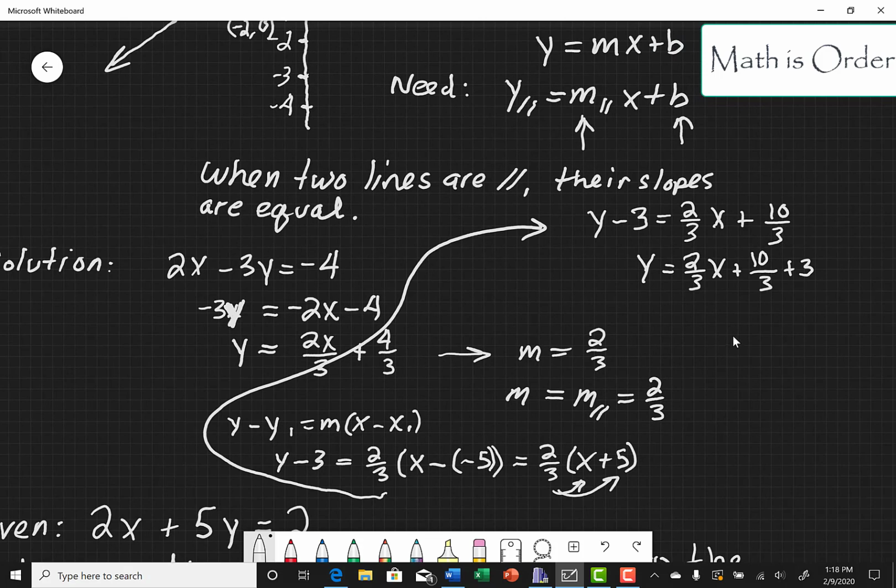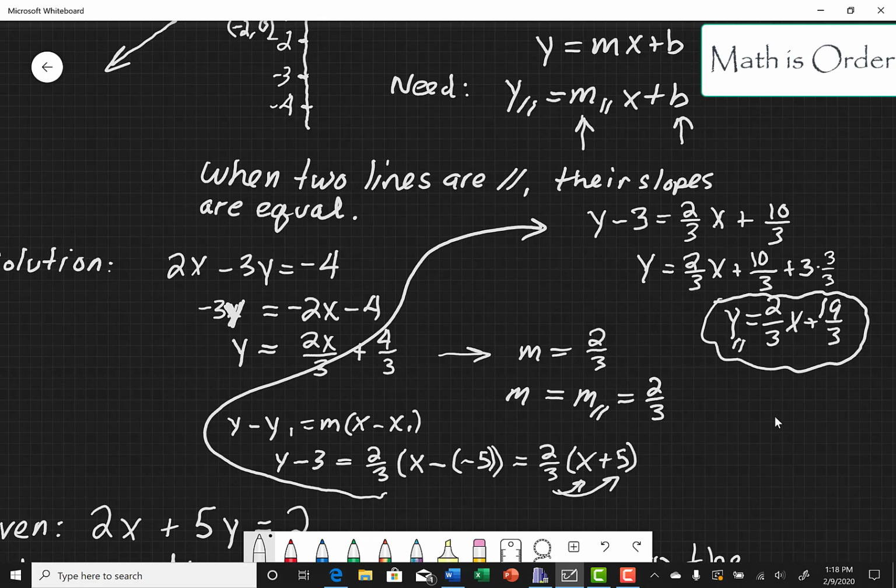Now, in order to add these two like terms, I'm going to multiply top and bottom by 3, which gives a common denominator, so that y equals 2/3 x plus 9 over 3 plus 10 over 3, which makes 19 over 3. So here is our equation of a line that is parallel to the given line.